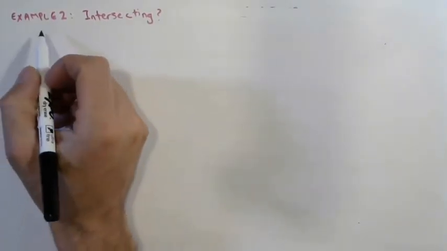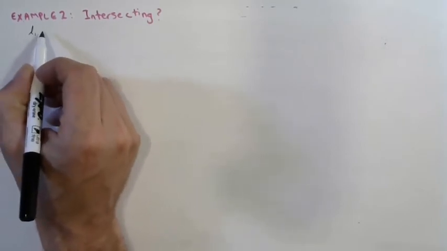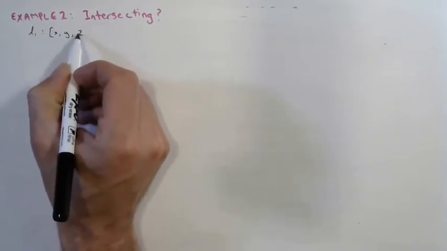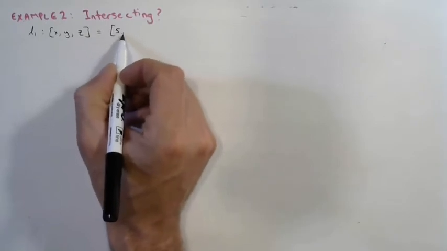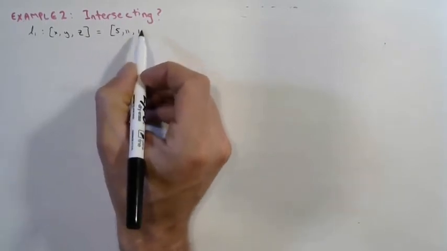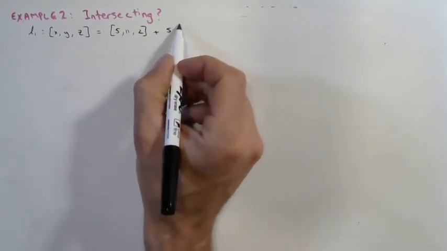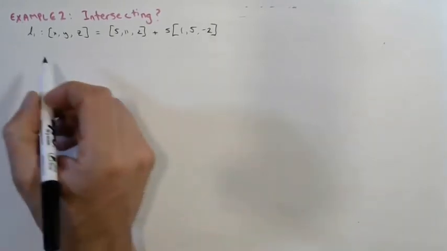In example 2, we are going to determine if these 2 lines intersect in 3 space, and if they do, we're going to find that point of intersection. Line 1 is x, y, z equals 5, 11, 2 plus some scalar multiple of 1, 5, negative 2.